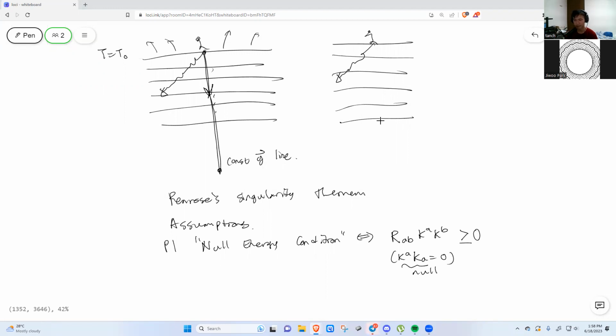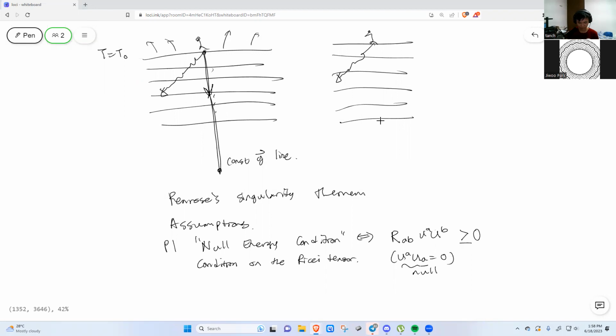No, K is just a null vector. Let me just write something else then. For the sake of things, I'm going to call it U. So this is a condition on the Ricci tensor.